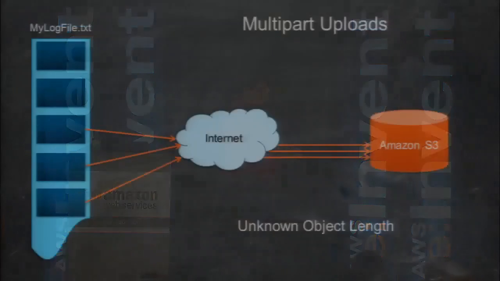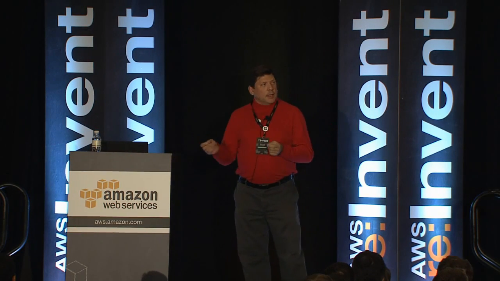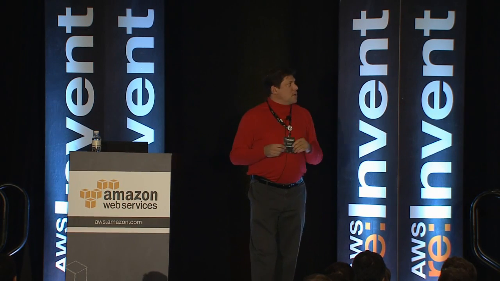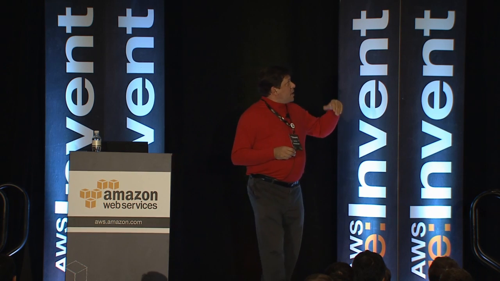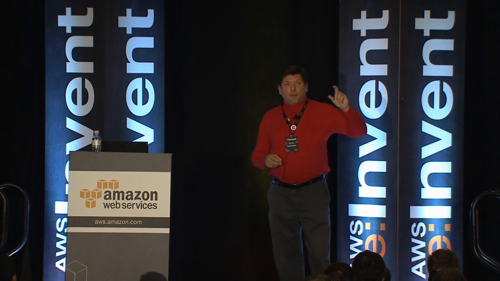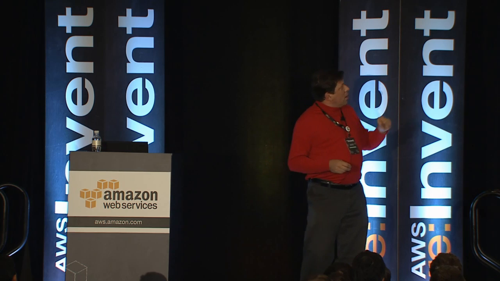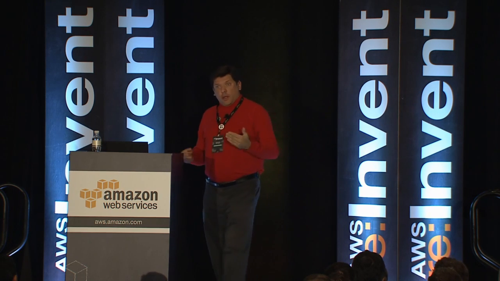Another thing that Multipart does for us that we couldn't do before in S3 is allow you to store objects in S3 before you know how large they are. Typically, when you do a put, you have to include the content length in the request that you send to S3. But using Multipart, say I'm building a large log file, and in this example, I've already uploaded 2 of my chunks, or parts, and I have 3 in progress, and I don't know how long this object is going to be.